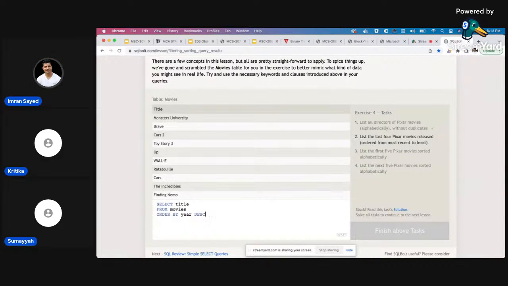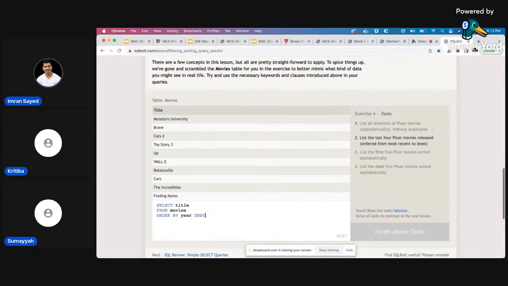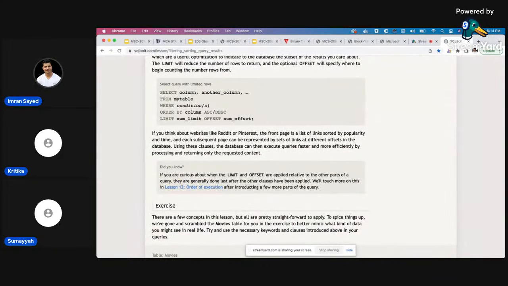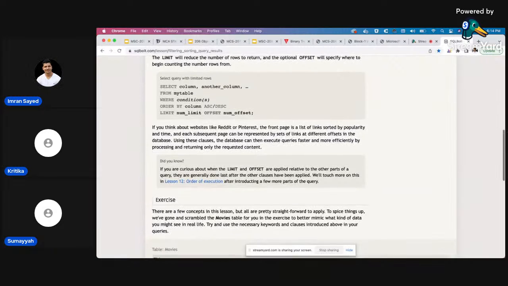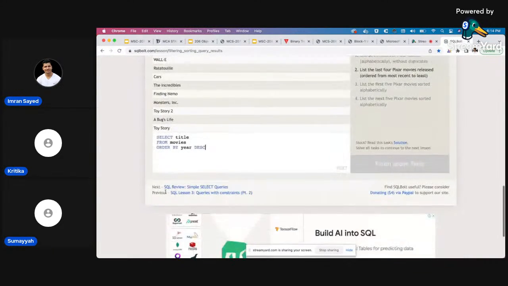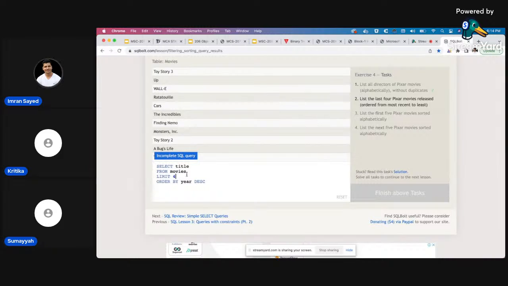The highest year will be the most recent, and I want the last four. For that we are going to use limit 4. Apart from that, well, the limit 4 does not work.